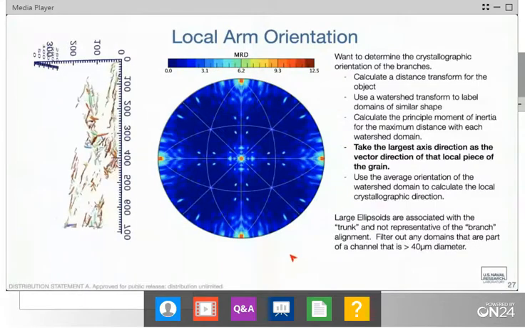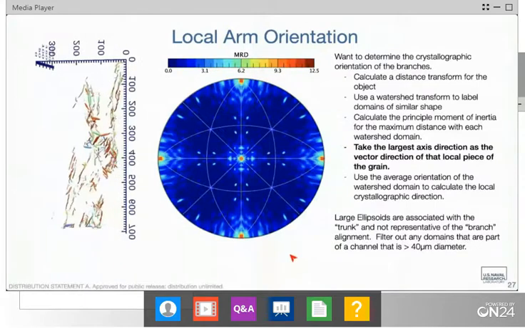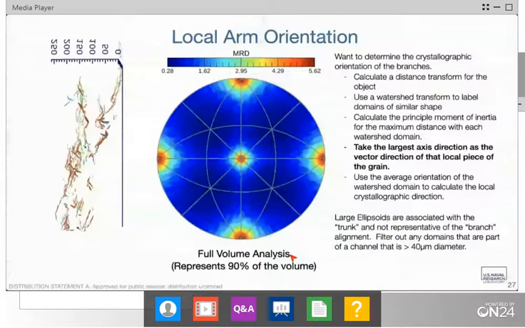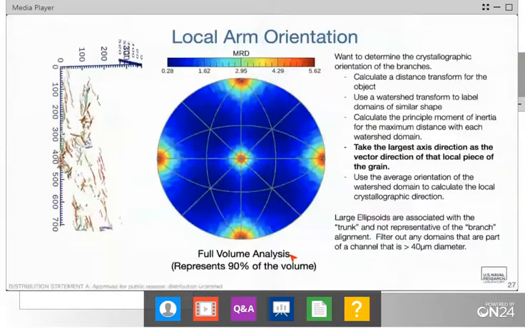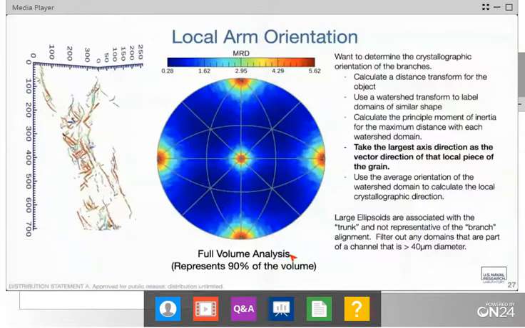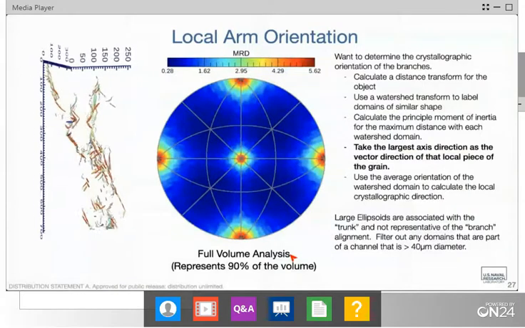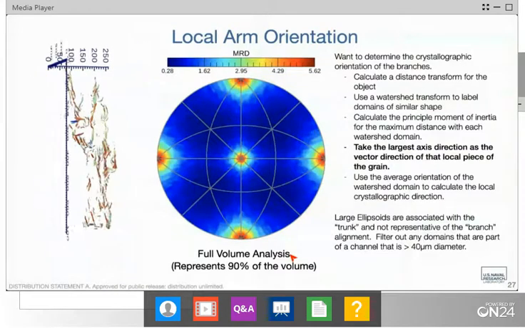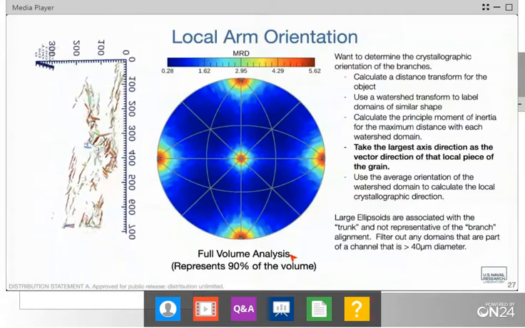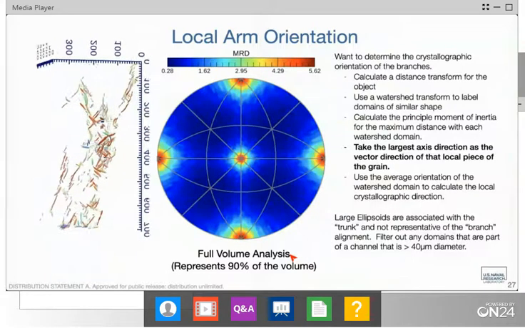If we look at the entire structure, we analyze all of the arms within the entire AM structure, we again get this high degree of alignment of 001 directions. So all of those branches and arms and zigs and zags you're seeing, those are all along 001 directions. And it really talks about how dominant that fast growth direction ends up being for the growth of these morphologies within the structure.